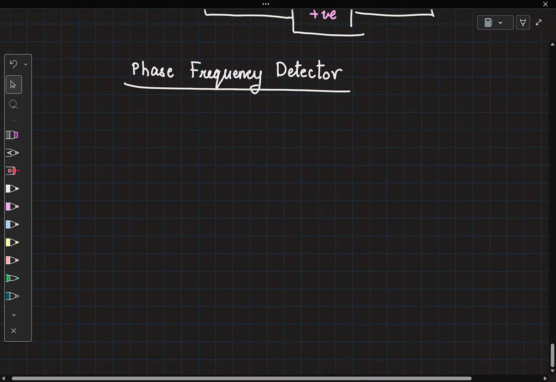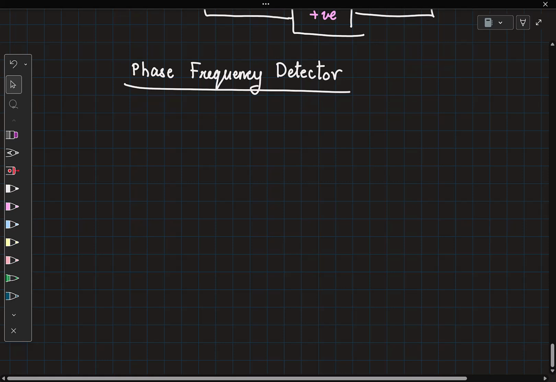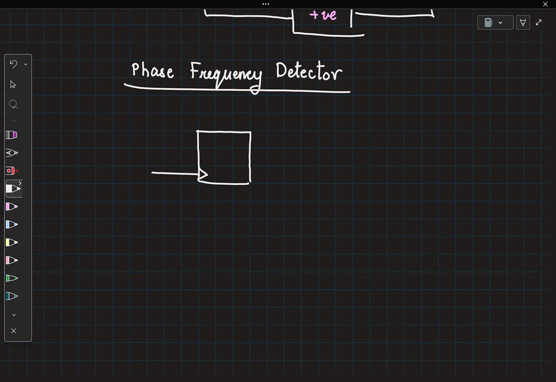The moment I say I am interested in detecting rising edges, what is the element that comes to your mind? A flip-flop, right? So I can have a flip-flop. The clock has to be the first input in1. Now I'll take another flip-flop where the clock is the second input in2.